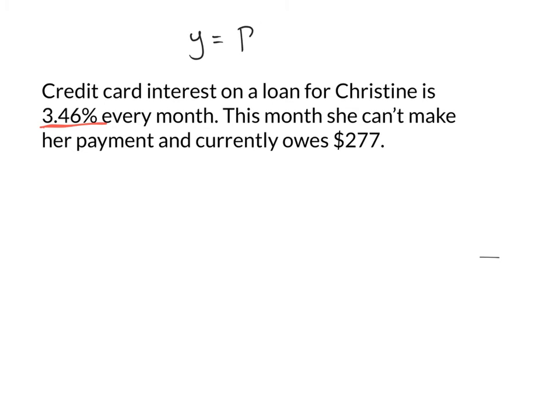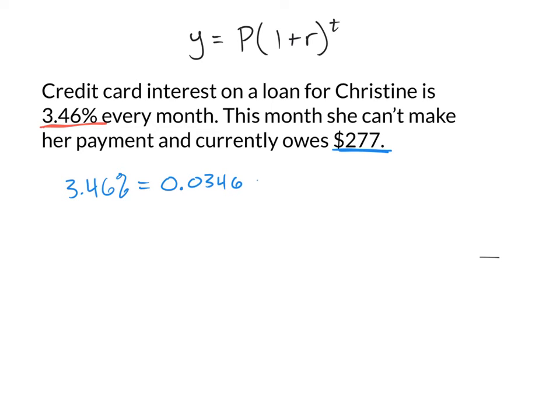And it looks like I'm going to want to use that finance growth rate, 1 plus r to the power of kt. I'm going to start skipping out on the k because the k is typically 1, so the power of t. I'm looking for my principal, my starting point, is that 277, and my growth rate is 3.46%. 3.46% in number terms, if I want to change that percentage into a number, it's 0.0346.